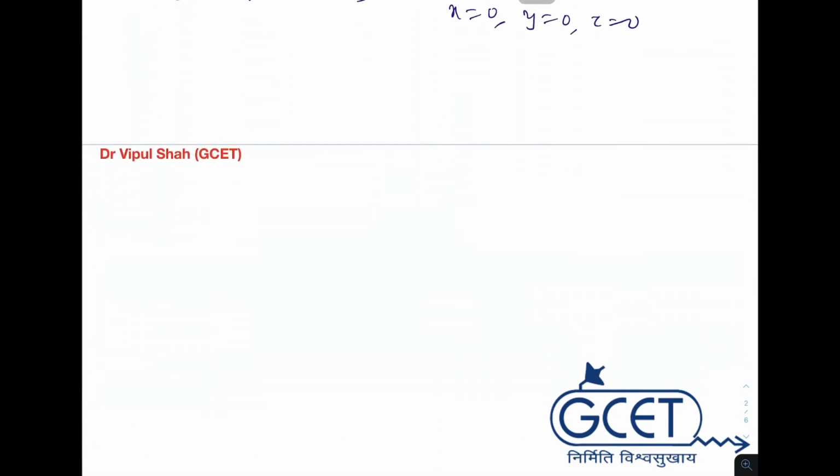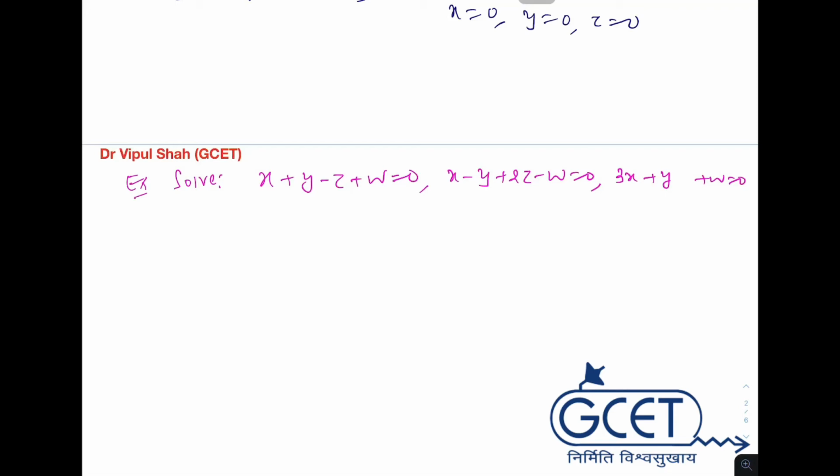Let's take one more example. Solve x plus y minus z plus w equal to 0, then x minus y plus 2z minus w equal to 0, then 3x plus y plus w equal to 0.